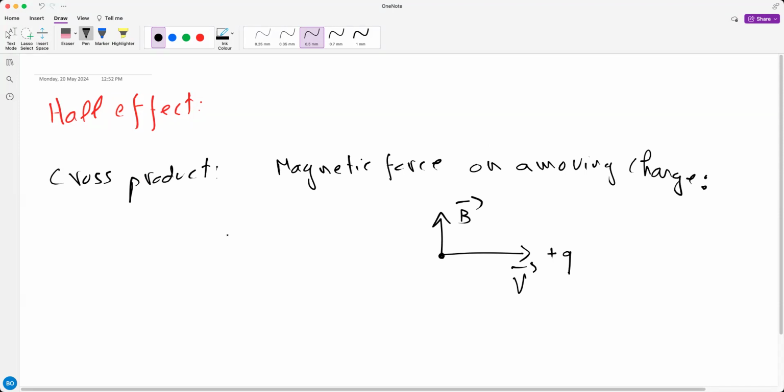In which direction will the magnetic force be? Remember the magnetic force is Q V cross B. Is it out of the page? Sorry? Out of the page? Okay, I have an answer: out of the page.